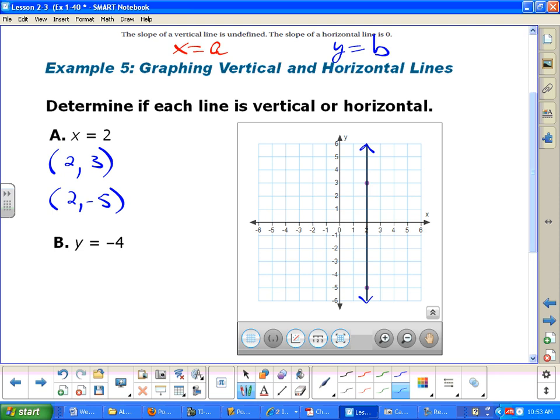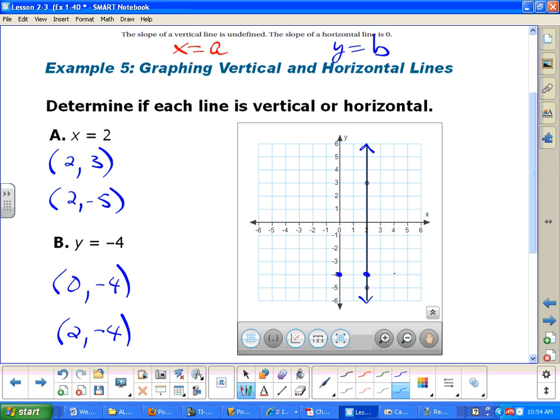Okay. y equals negative 4 for letter B. That means I can pick any number I want for x, and y is going to be negative 4. So 0, negative 4, 2, negative 4.